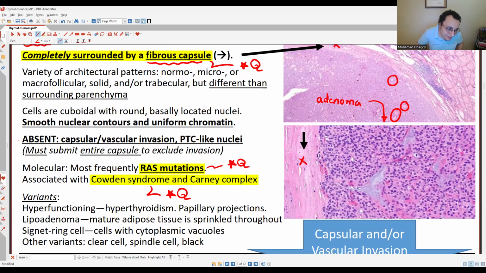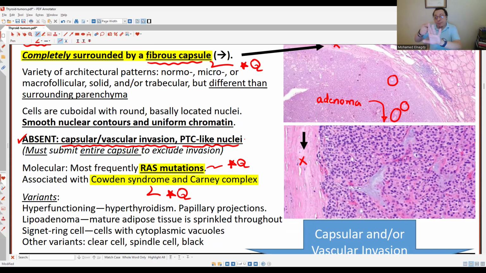See, he's making it all caps, so all caps means this is the key thing. This is what we rely on: capsular invasion or vascular invasion, and whether there are any PTC-like nuclei or not.